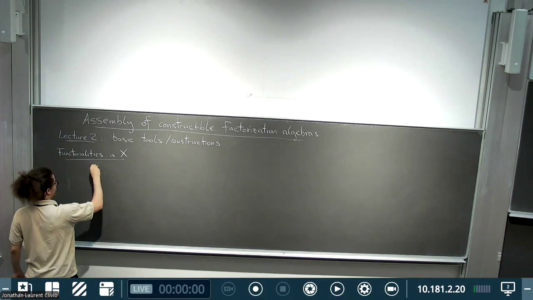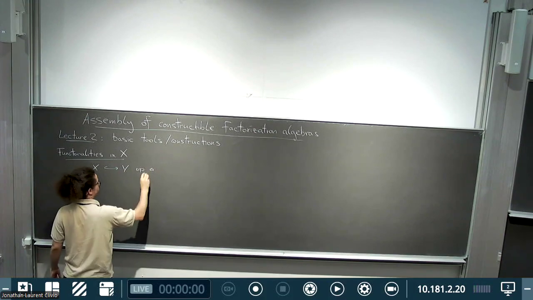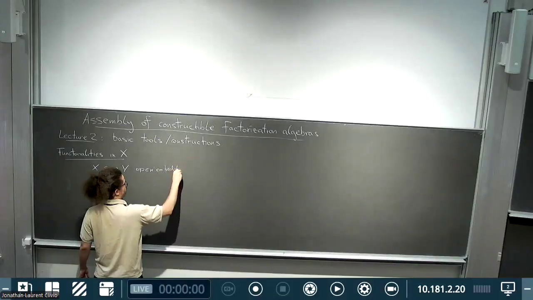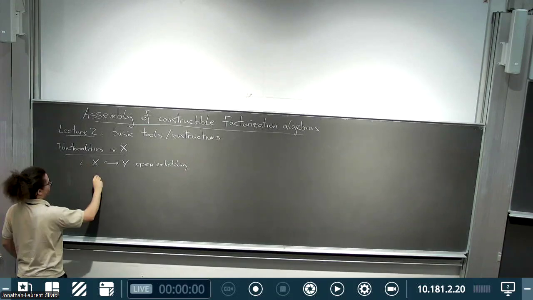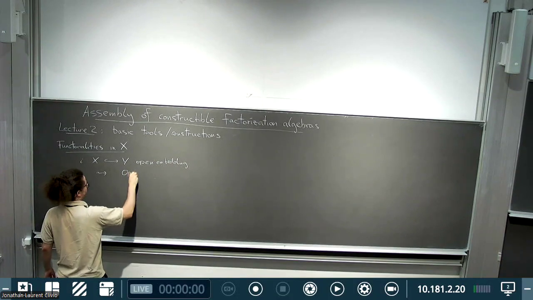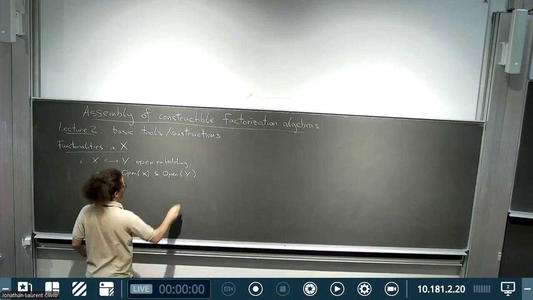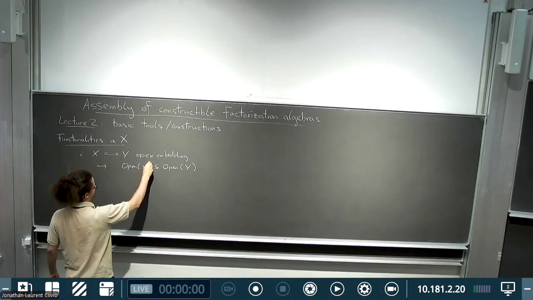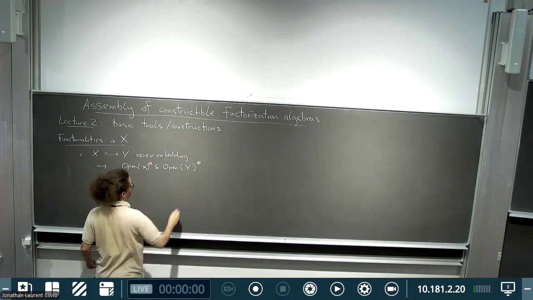So one of them says that if we have an open embedding, let's call it I, then of course we get an embedding from opens of X into opens of Y. And in particular, we will get an embedding on the underlying operads, on the corresponding operads.